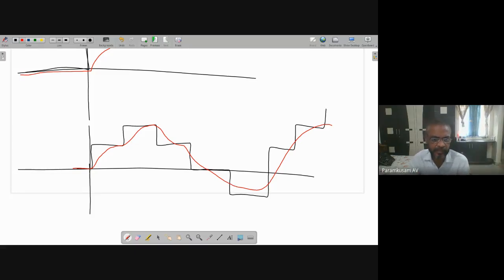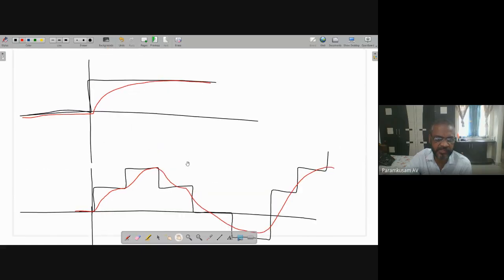So in this way you can get m of t by passing it through the low pass filter. If you give a step signal to the low pass filter, you will get this signal.